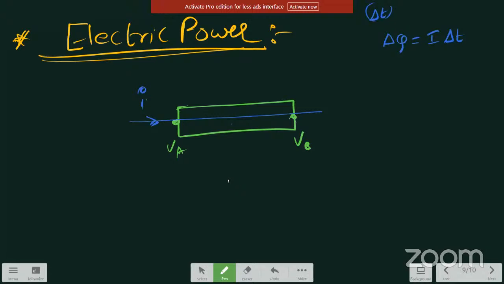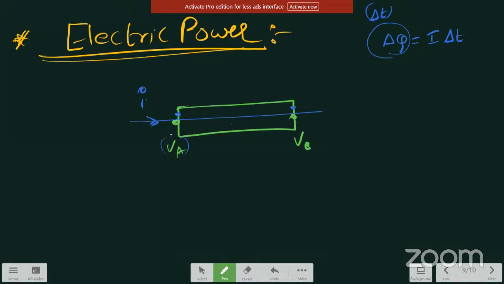This much charge will flow within delta T time through this conductor. And the charge delta Q is moved from this point to this point. That means it will lose some potential energy. We have even discussed this in the board class.